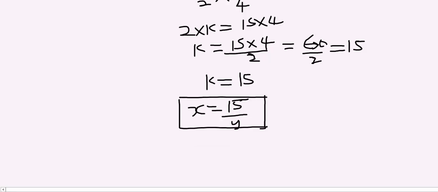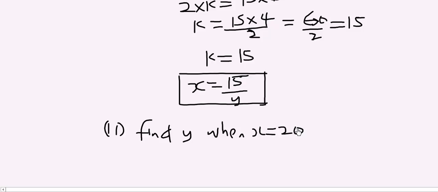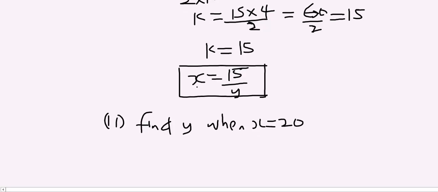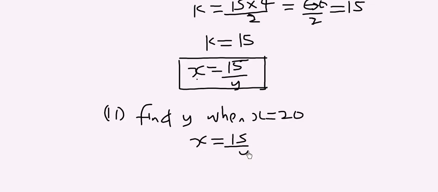So for the second question, we have: find y when x is equal to 20. I'll simply substitute the value of x equals 20 here to be able to get y. The relationship between x and y is x is equal to 15 over y.